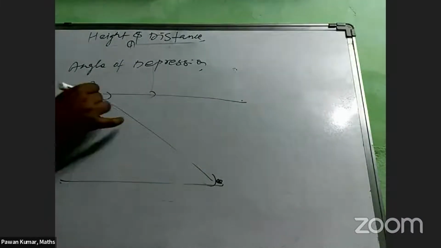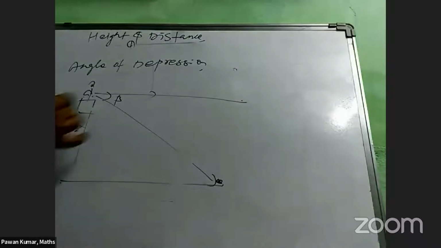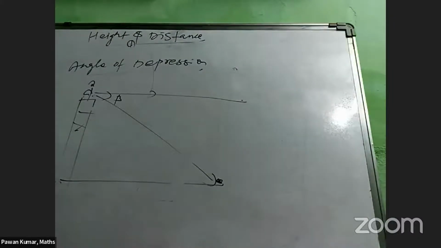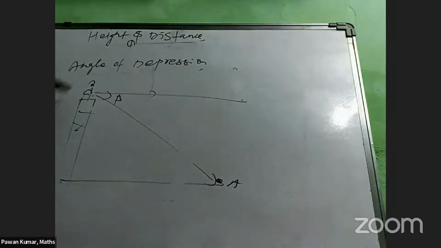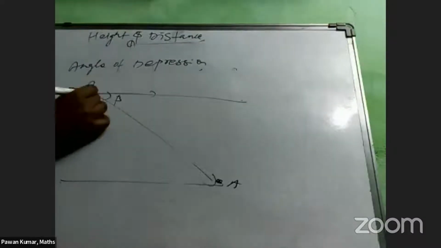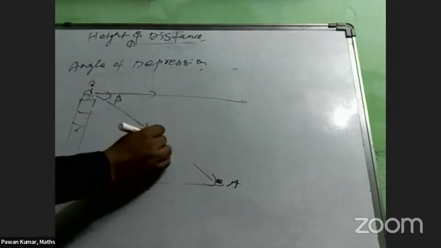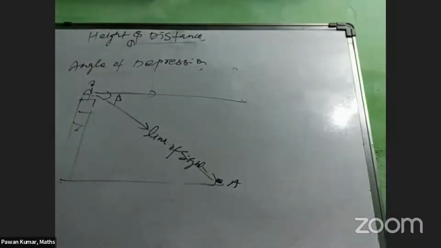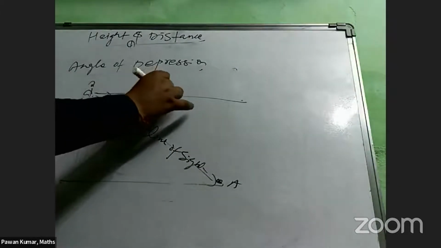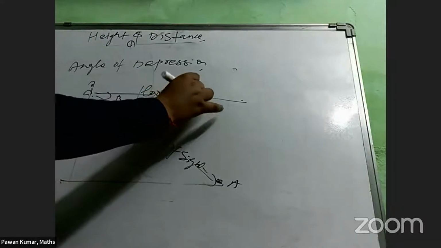Now this is your beta, and this is your angle of depression, because you're keeping your head down and seeing the object at point A. So this is the angle between the horizontal line and the line of sight. Always you have to get the angle between the horizontal line and the line of sight.